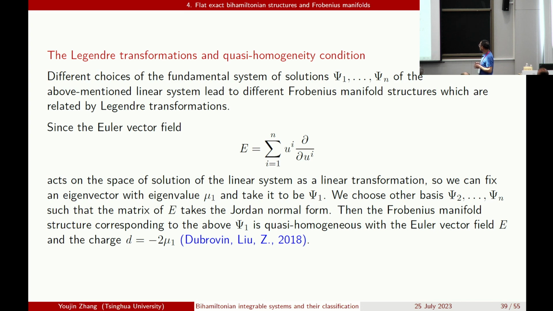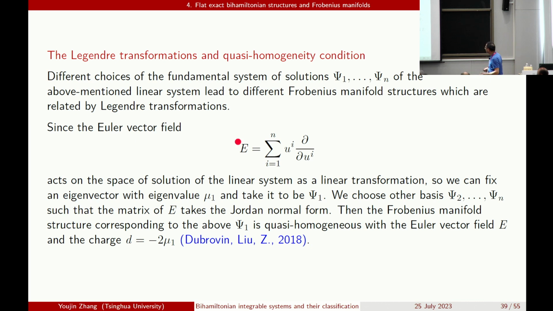But these Frobenius manifold structures can be related by so-called Legendre transformations, because the WDVV equations have symmetries given by Legendre transformations. And this Frobenius manifold structure usually does not possess an Euler vector field, that is, it does not have the quasi-homogeneity condition.